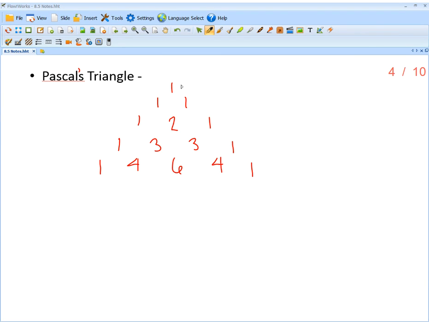Now, this right here, 1, is when you have a 0 degree. Remember, when we had x plus y to the 0 power, we just got 1. When we had x plus y to the first power, our coefficients ended up being 1x plus 1y. When we had x plus y to the second power, we ended up having 1x squared plus 2xy plus 1y squared, our classic case of FOIL.